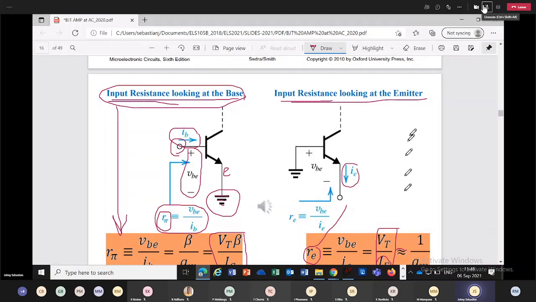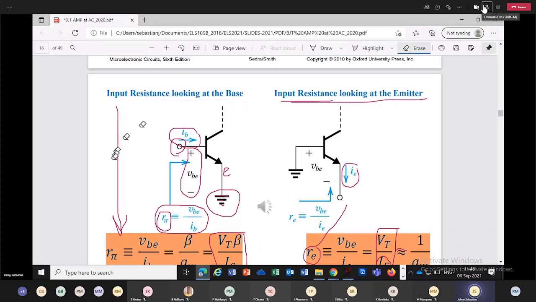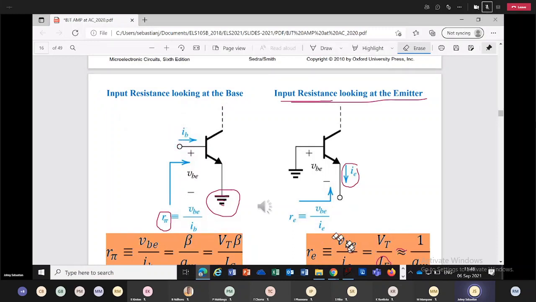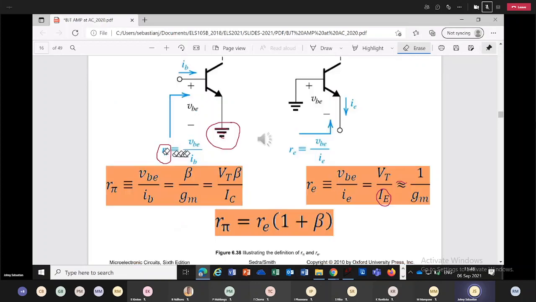Okay. Now, in the practical case, what do you need to remember from the slide? I would say everything that is here needs to be remembered. R pi is VT times beta over IC.